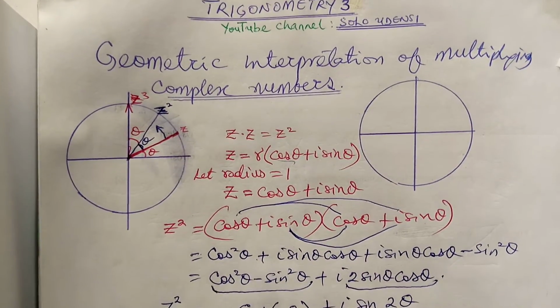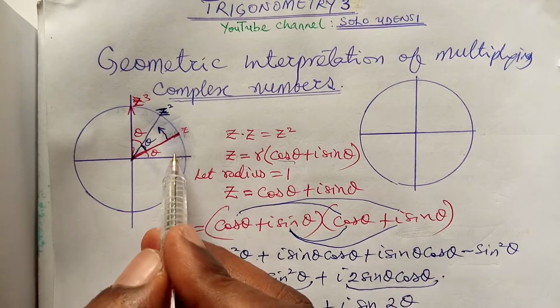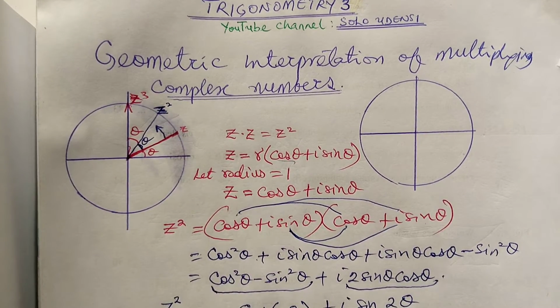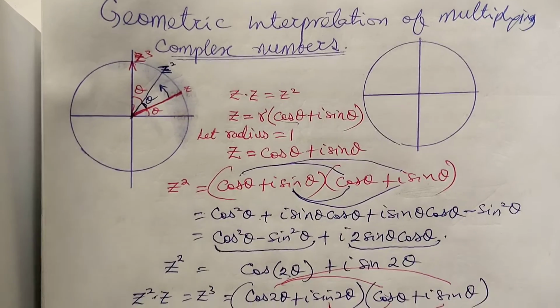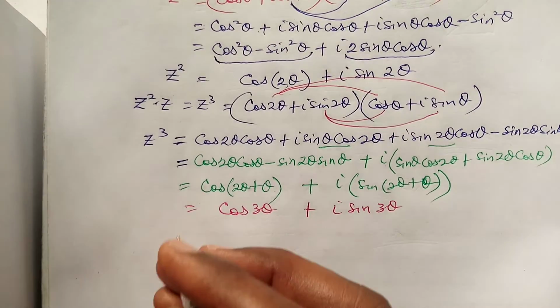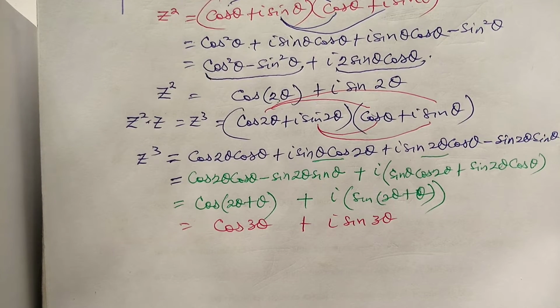Assuming that theta is 30 degrees, it will rotate it to the vertical axis, the imaginary axis. That is what we have. But this is when our r is equal to 1. Our calculation is when r is equal to 1.